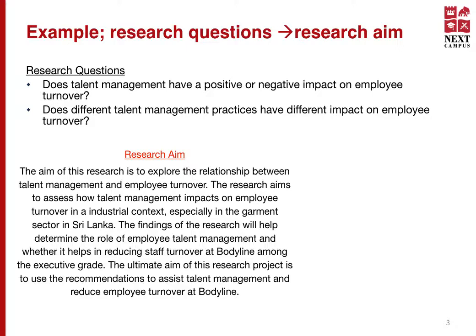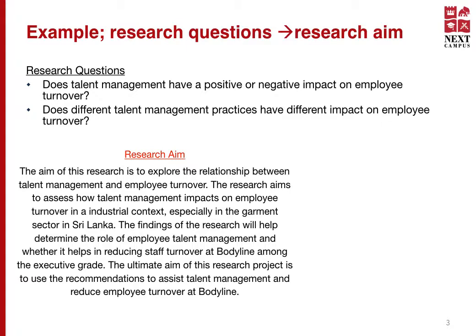The findings of the research will help determine the role of employee talent management and whether it helps in reducing staff turnover at Bodyline among the executive grade. Now we are more focused on the purpose of the research and whom we are doing this research amongst: executive grade employees at Bodyline.